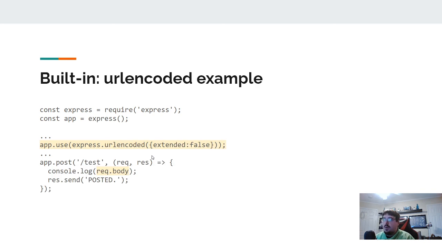To use URL encoded, I'm going to put that up earlier. Here I'm doing this application wide, I could do this router wide, I could also do it in here just on the route level. But once I do that, that's where we get this request.body object, which is what we're using to see what the user posted in the form. Cool?